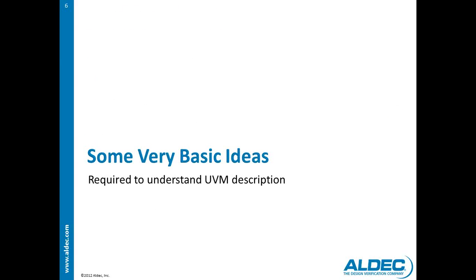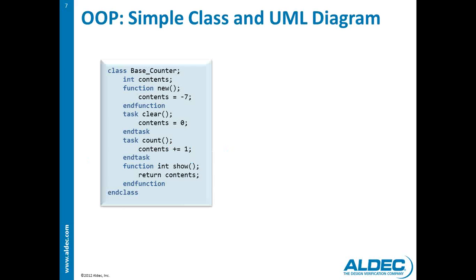Okay, so now let's go over some very basic ideas that must be clear before we proceed to a detailed description of UVM. The first of them is object-oriented programming. Object-oriented programming always involves classes, so of course we have a sample class written in SystemVerilog in our frame.